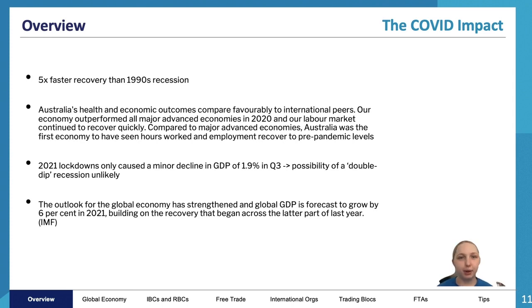We had a really big spike in unemployment, but when you look at how that recovered, it was actually a really good recovery, and we reached our NAIRU fairly quickly. Compared to other major advanced economies, Australia was the first economy to have seen hours worked in employment recover to pre-pandemic levels. So you can talk a lot about that as well.